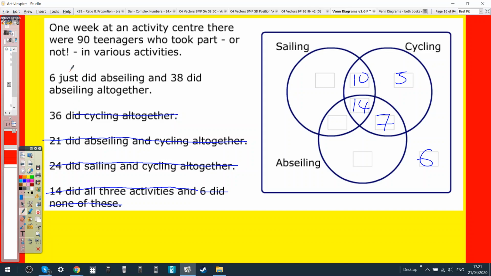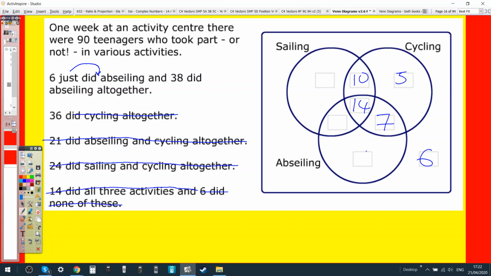So maybe it would be better if they said 6 did just abseiling and nothing else. So which is just abseiling and no other sport? So is it the top or bottom?